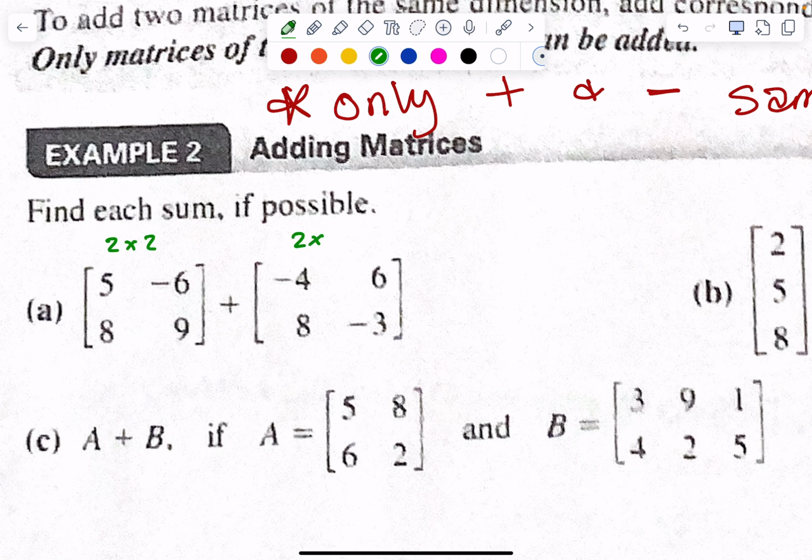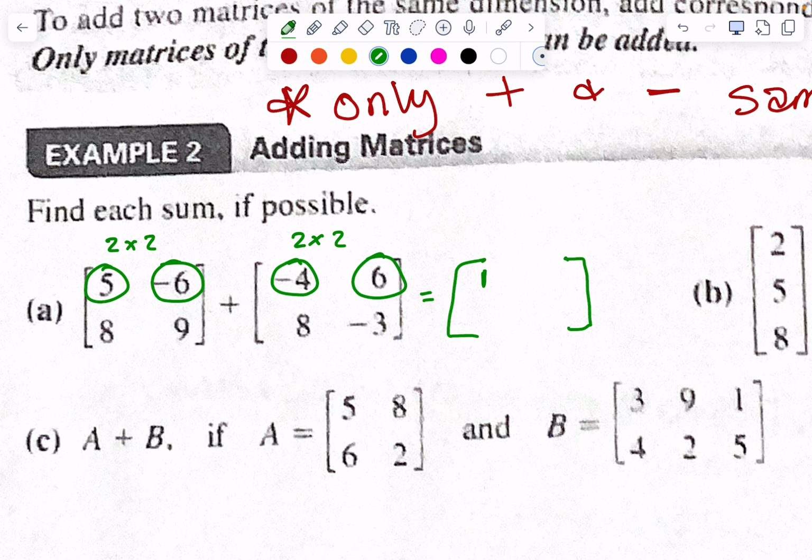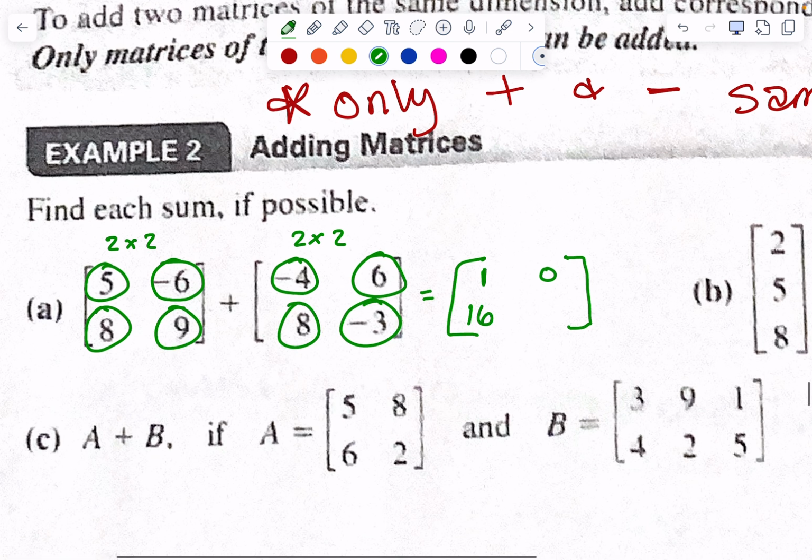And all you do is add cell for cell. So I'm literally adding 5 plus -4. -6 plus 6 is 0. 8 plus 8, 16 goes in that bottom left, and 9 plus -3 is 6. Good?